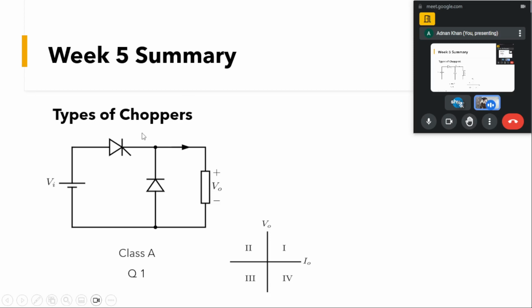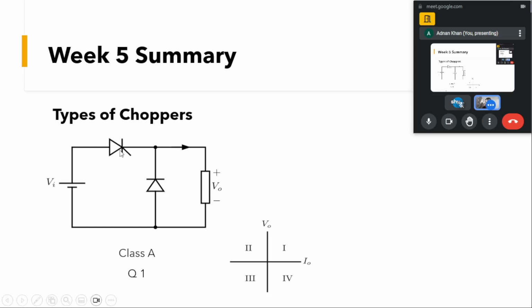Coming to the first chopper, this is known as a class A chopper. If you look at this structure, it is a typical buck type converter.